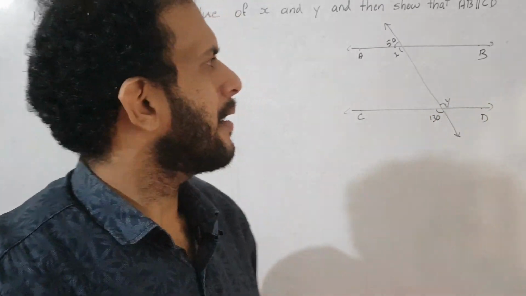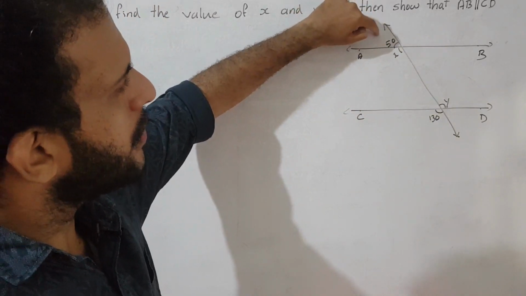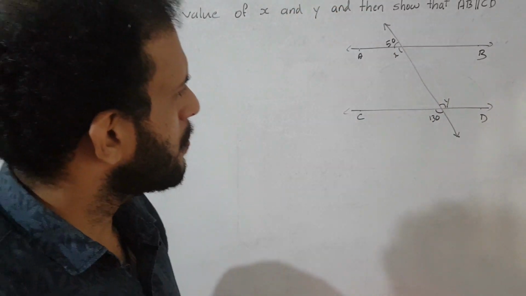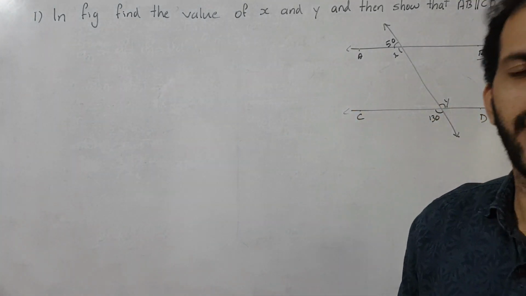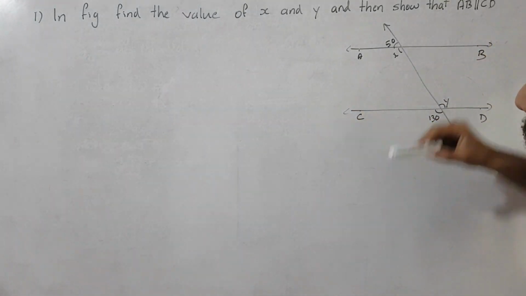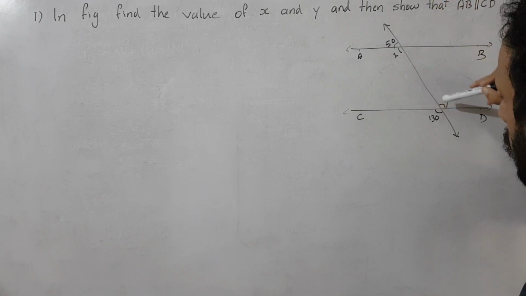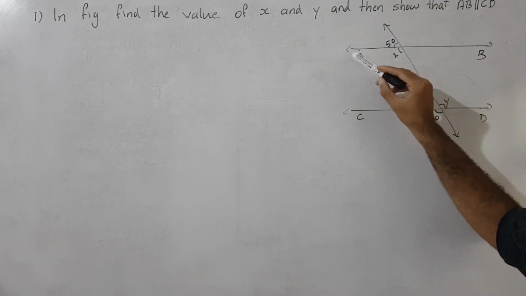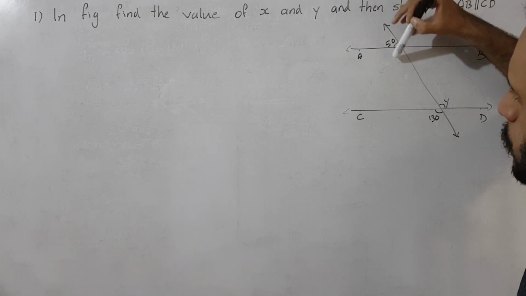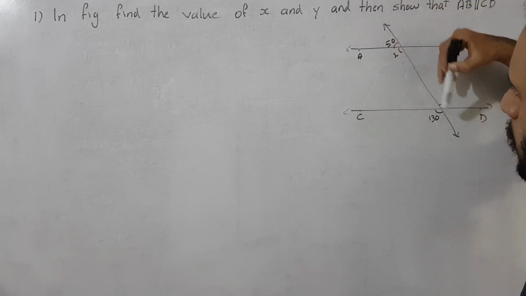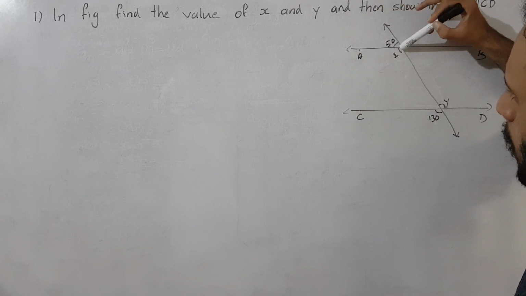Correct? And here what is the relation between 50 and x? Yes, we have a relation between 50 and x. What is that? Here this one is a line, the transversal is a line, and AB is also a line. So here these two angles, the one ray is a part of the line, correct?